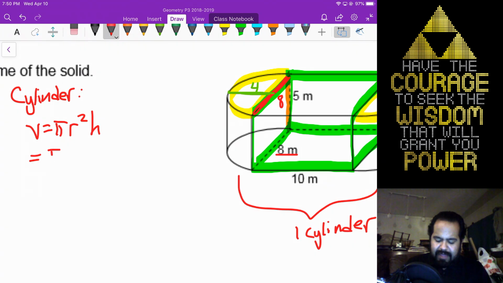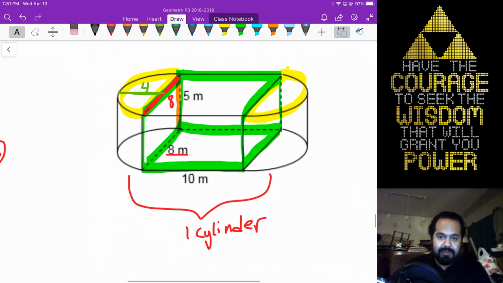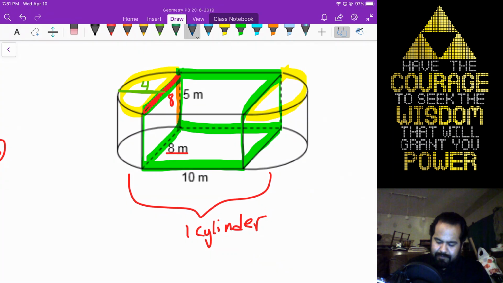So we're going to have pi times 4 squared times the height of 5. 4 squared is 16. 16 times 5, that's 80. So 80 pi. Now we have the prism. This prism is rectangular, so I don't have anything to worry about besides multiplying the 10 with this 8 and this 5. Length times width times height.